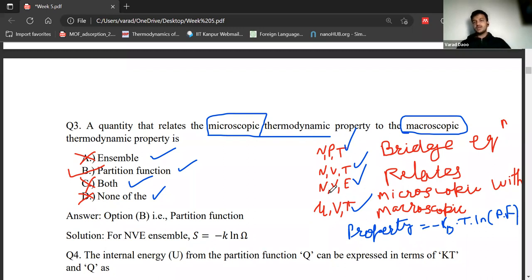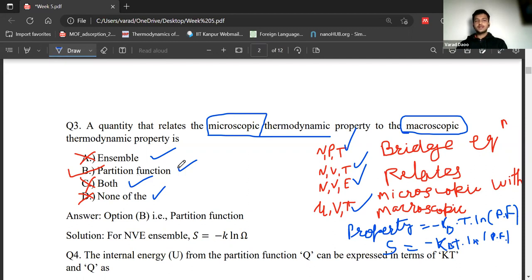So this property will also depend on which ensemble we are working in. For example, when we have the NVE ensemble, the thermodynamic property will be entropy. This is nothing but minus kB T into ln of the partition function of the NVE ensemble, right? And the partition function will depend on which ensemble we are talking about. Clearly, the option is not ensemble; it's partition function.